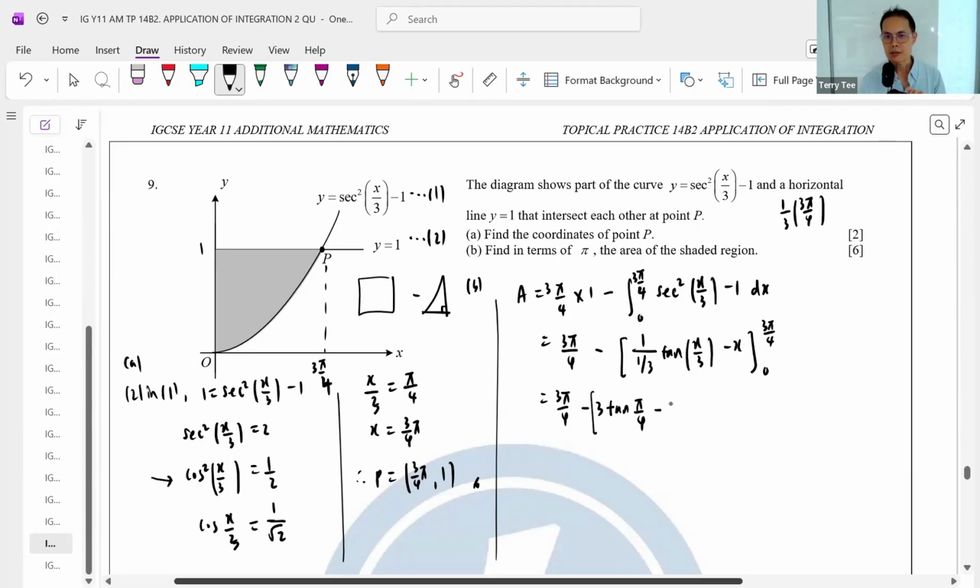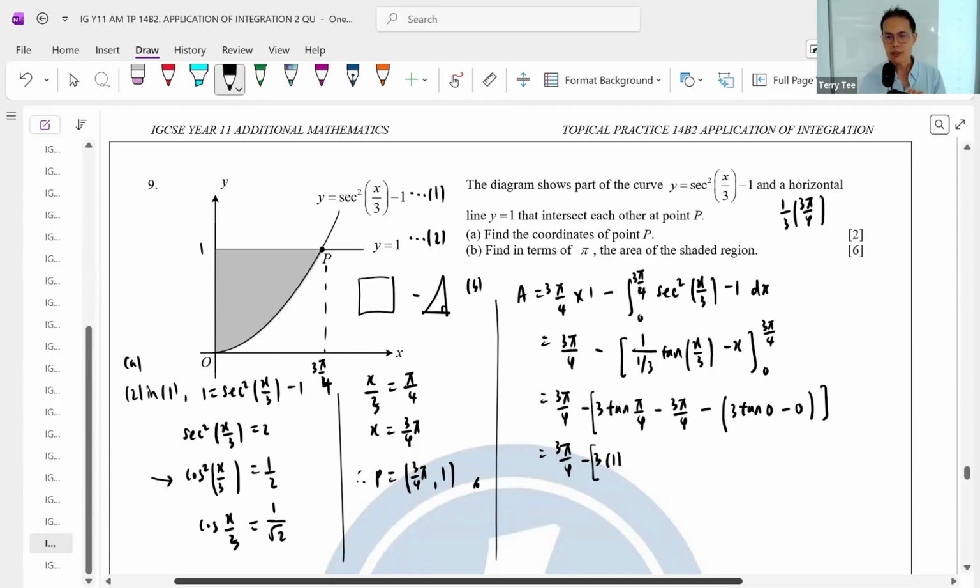Then you minus, x is 3 pi over 4. Minus again, this is 3. Put 0 inside x is tangent 0. There's another 0 here. So this is going to give us 3 over 4 pi. And tangent, this one is tangent pi over 4. Tangent pi over 4 is tangent 45. Tangent 45 is 1. Let me put a bracket here.